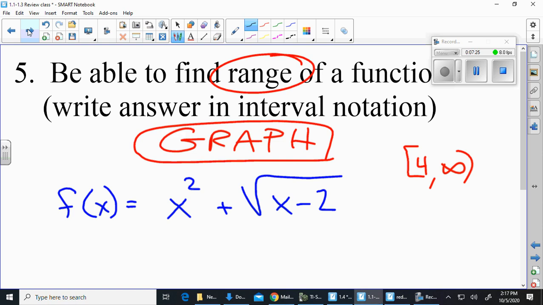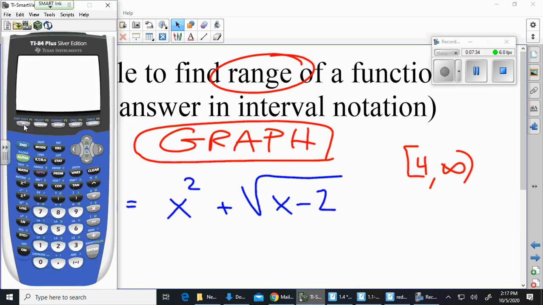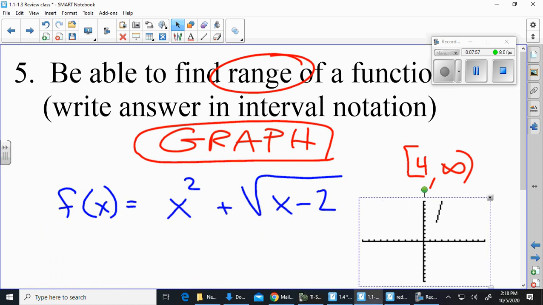Range. We think with range, we graph it. So we're looking at that graph. You guys put this in Desmos. I put it in a graphing calculator. If I look at this picture, don't think about domain. This is range. When I look at this picture, I need low to high.